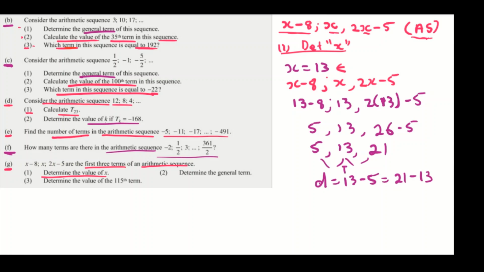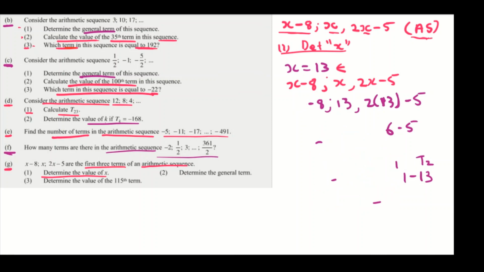Remember, term number 2 minus term number 1, and then term number 3 minus term number 2, right? So 13 minus 5, you're just going to get 8, and 21 minus 13, you're just going to get 8. So your difference is common throughout, meaning your value of x is actually correct. So x is definitely equal to 13.